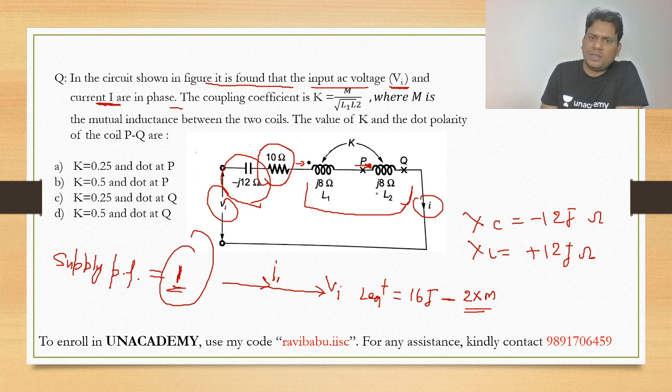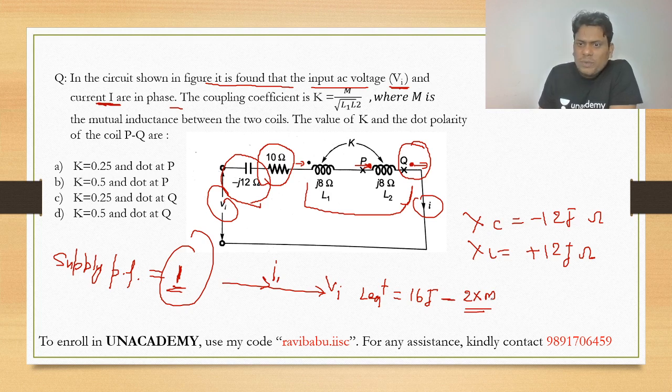So for the negative sign we require the dot at point Q. Is it clear to all? At point Q. Dear friend, if one dot is entering and another dot is leaving, the sign will be negative.